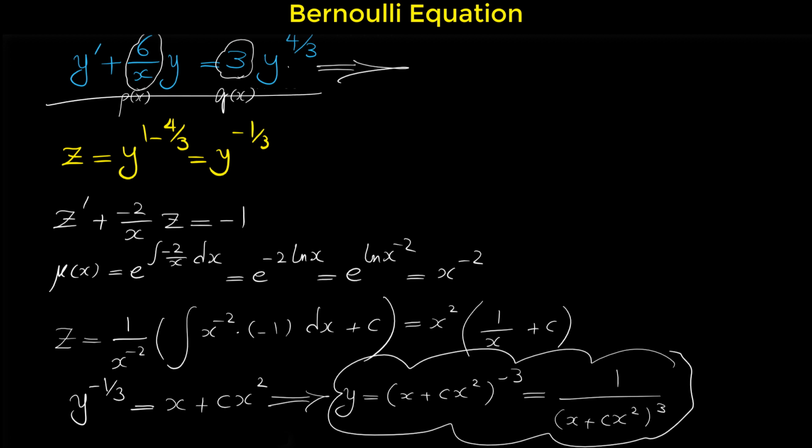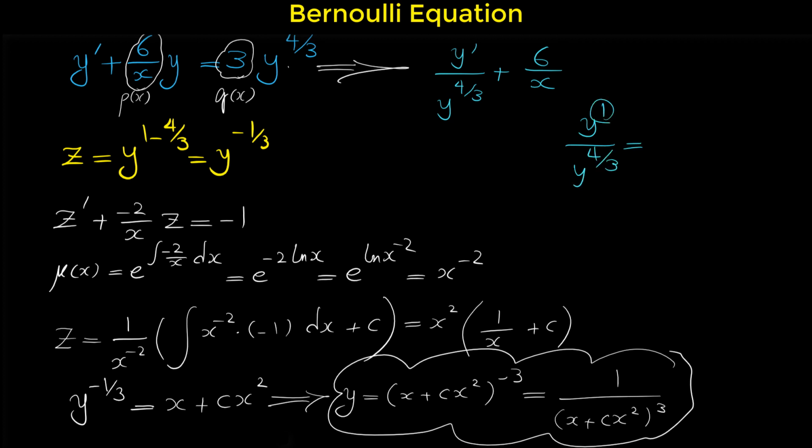Then we have y prime over y to the 4/3 plus 6/x. If we divide this y by y to the 4/3, note that power here is 1. If we subtract this from that, y to the 1 minus 4/3 is y to the -1/3. So 6/x y to the -1/3 equals 3.